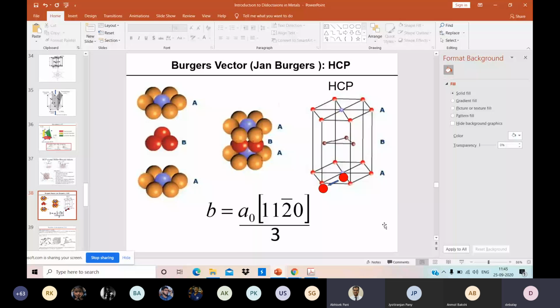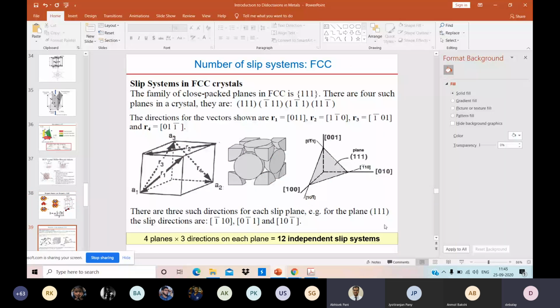In FCC, I have told you that there are 12 slip systems. Depending on how you apply load with respect to your slip systems, 5 can easily get activated, because a minimum of 5 slip systems is required to deform while maintaining continuity.